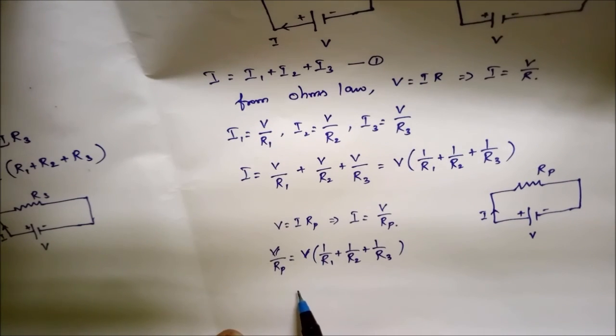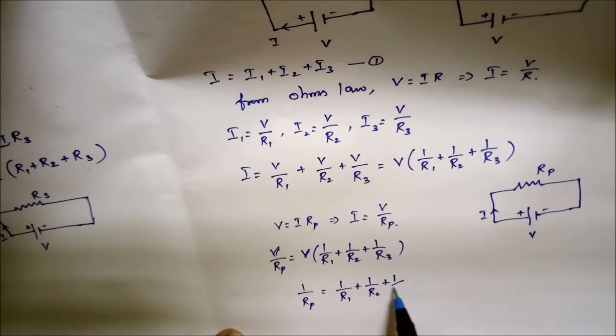What about the remaining value? 1 divided by RP is equal to 1 divided by R1 plus 1 divided by R2 plus 1 divided by R3. So you can calculate the effective resistance.